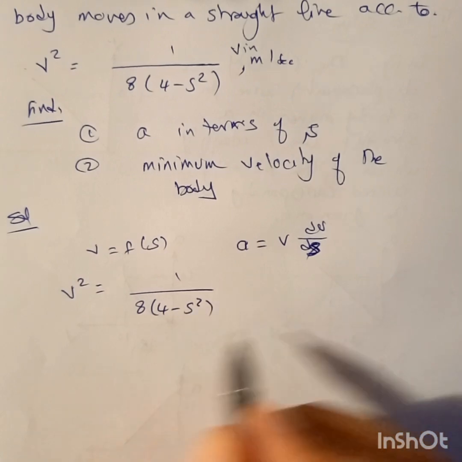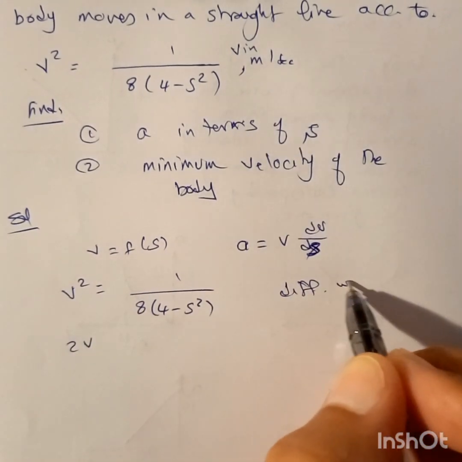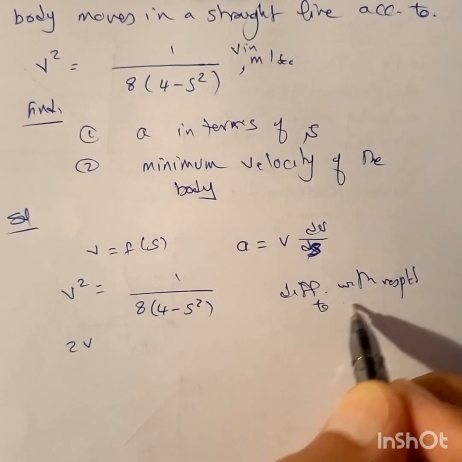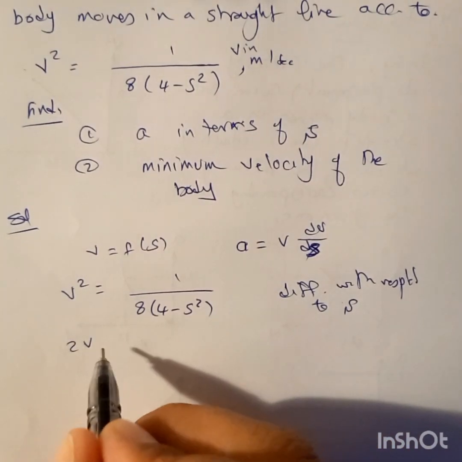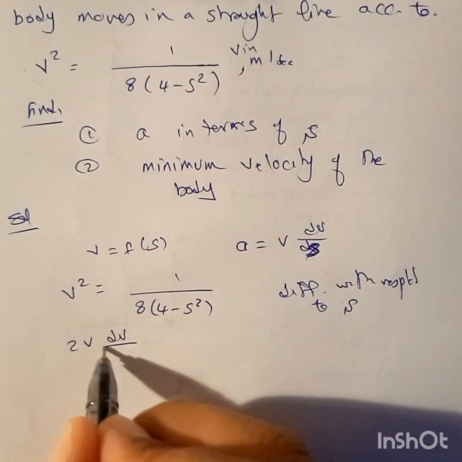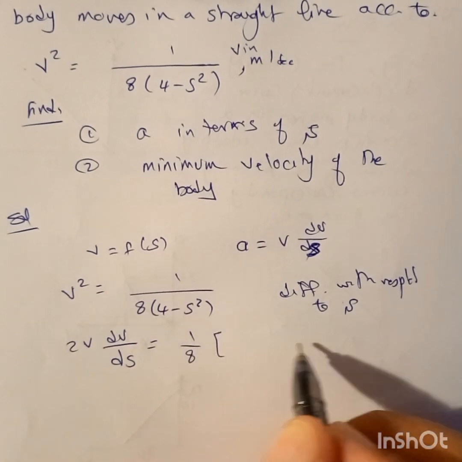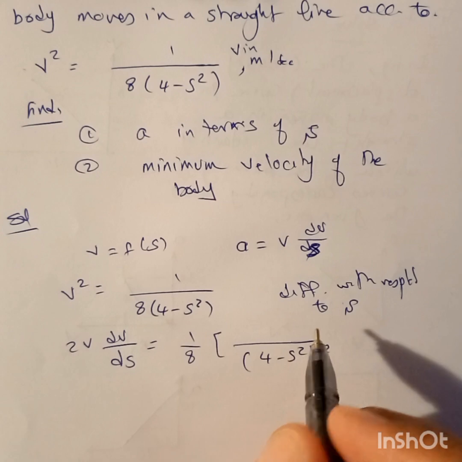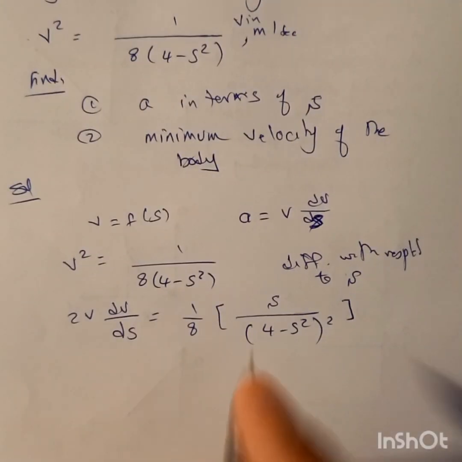Okay, by differentiation, then we have here 2v dv with respect to s. Okay, s is displacement. Then we have 2v dv ds equals 1 over 8 times (4 minus s squared) all squared, and we have here 2s.